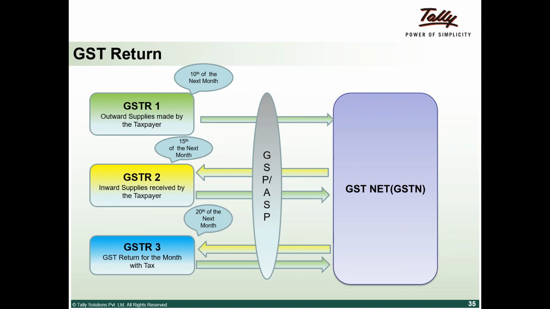The rough estimate is that there will be 9 million people who will be filing returns, of which at least 6 million, they think, should be filing returns in the first or second month when this system goes live. So the entire 6 million cannot hit the GSTN servers. So what they're proposing is a concept of GSP, the GST Suvidha Provider, who will be aggregating and providing a secure pipe between the GSP and the GSTN network.